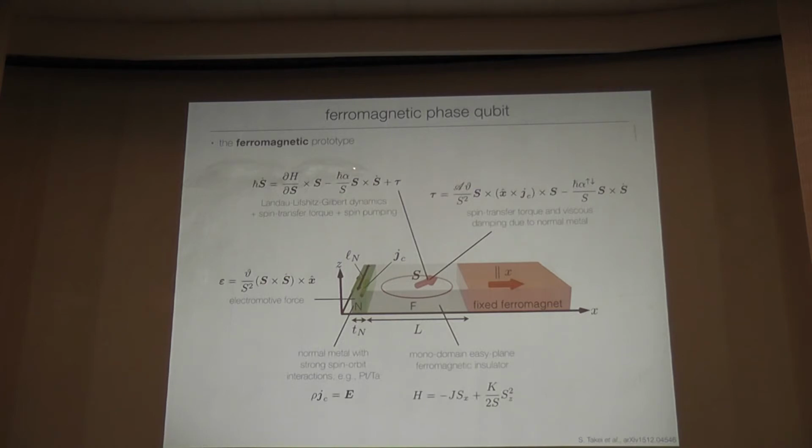This alpha here is the intrinsic Gilbert damping inside the ferromagnet. This is the enhanced damping due to the coupling to the normal metal. And I'm going to add the transfer of spin across this interface as a torque term. So this torque term is going to enter here, and the dynamics can be written in this form.